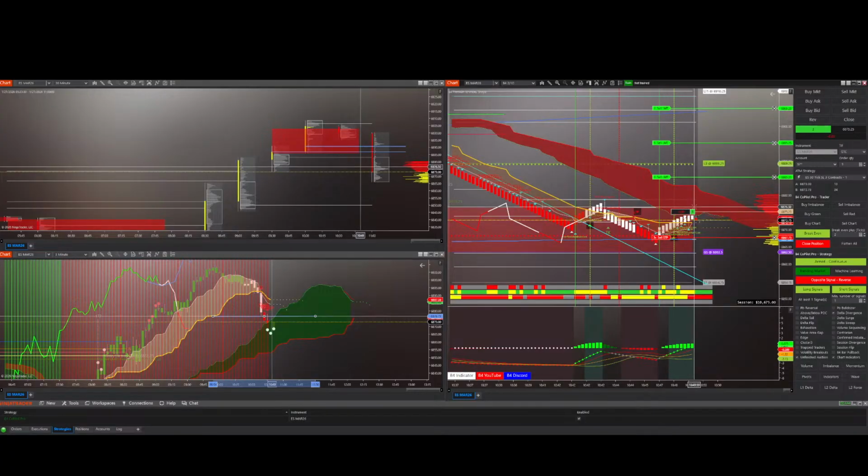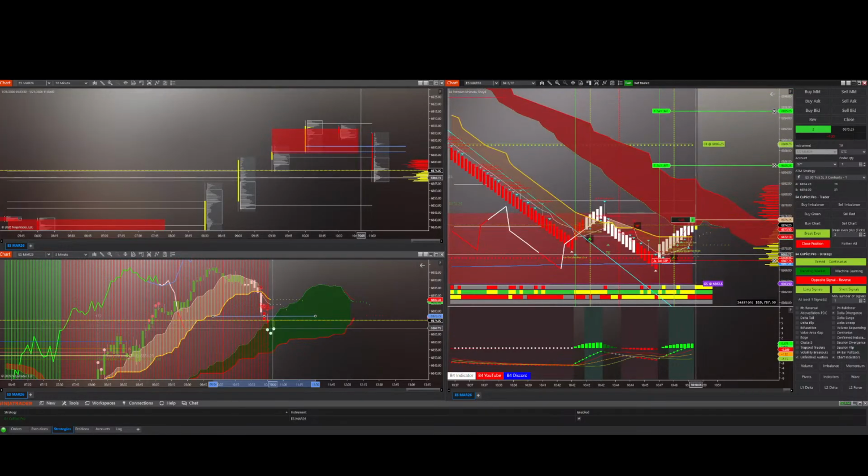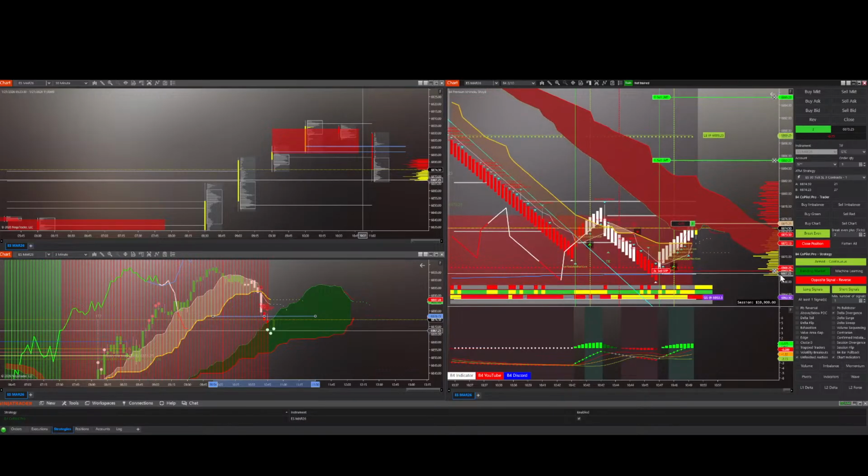Maybe coiling again here. Possible TK cross there.